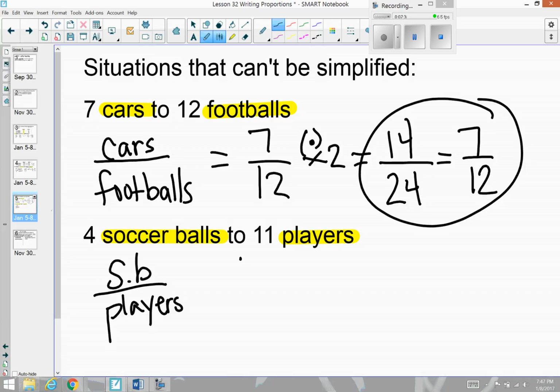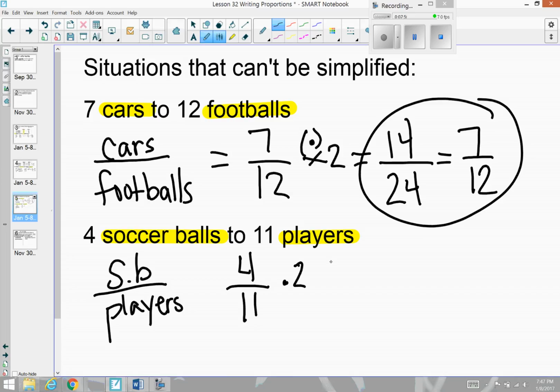And we have 4 soccer balls for every 11 players. This is just a ratio, but I need to make a proportion. I cannot simplify this by dividing, so I'm going to multiply. You can multiply by any number, but usually 2 is sufficient. It's a very easy one to do.